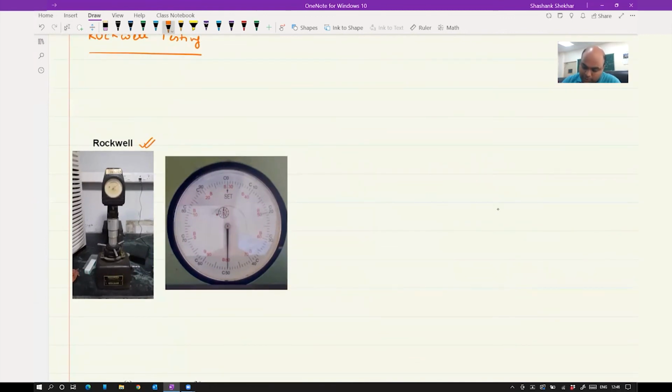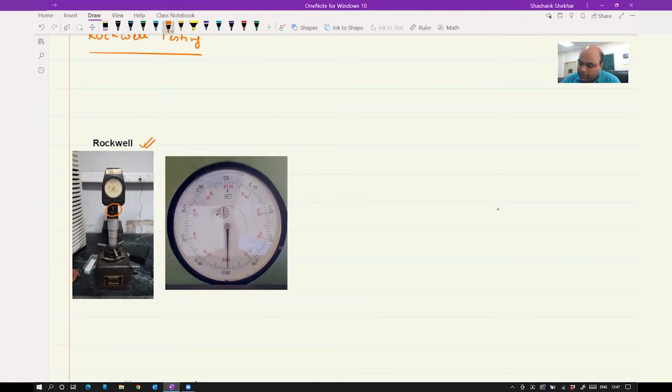You place your sample, you have the indenter on the top, and you make an indent on the sample. Here, instead of using a microscope to see the indent impression, it automatically gives you the value of the Rockwell hardness.